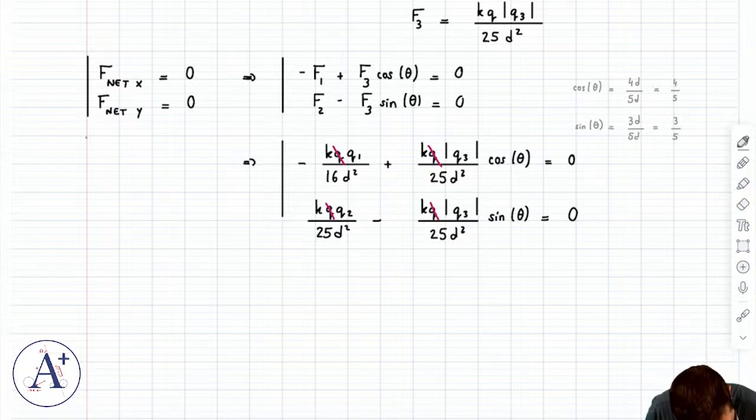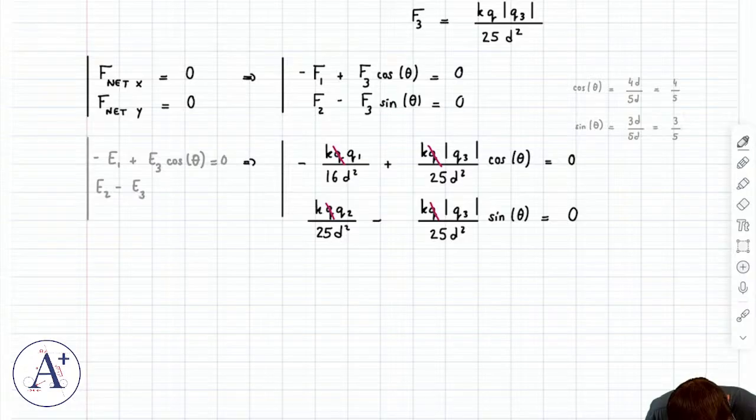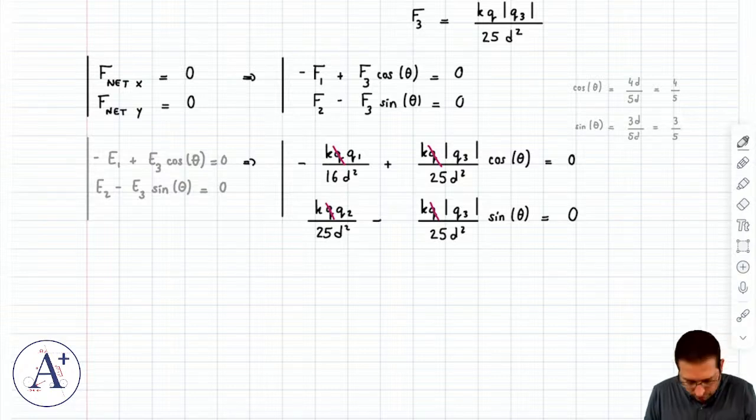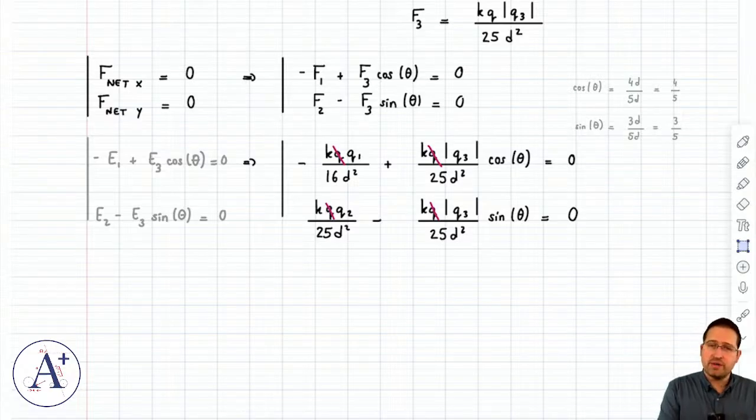And my argument here is to say that what I just wrote on the right is the same thing as writing minus E1 plus E3 cosine theta is equal to 0, which means net electric field along x is 0, and then E2 minus E3 sine of theta is equal to 0. All right, so yeah, we wrote F net x and F net y are 0 because that's what the problem told us, but we could have just as well written E net x and E net y are 0. Okay.